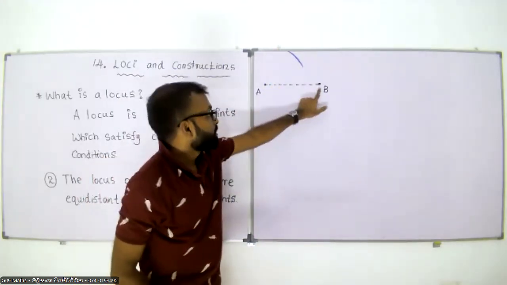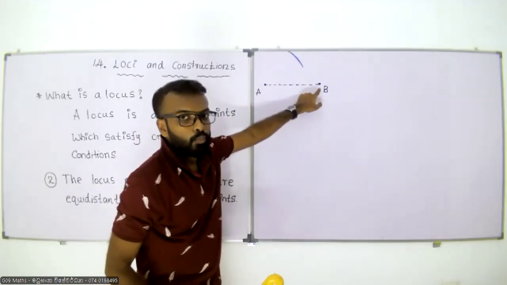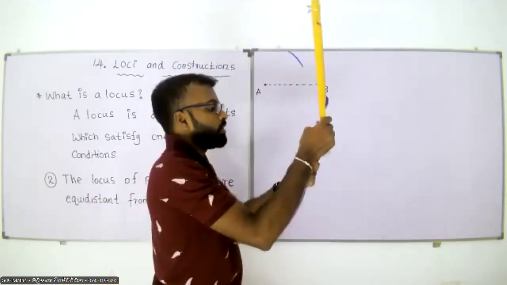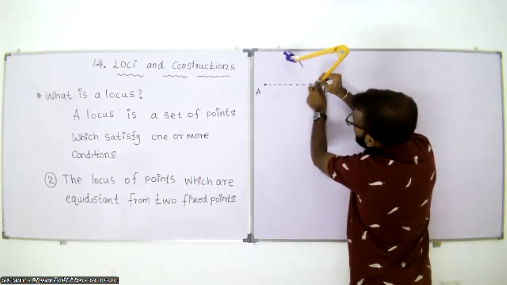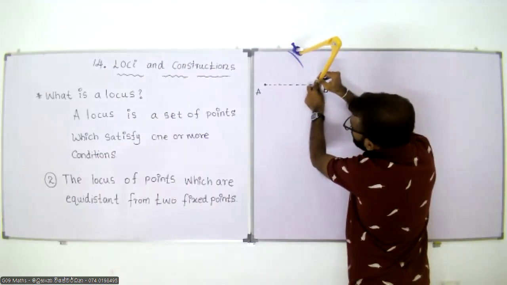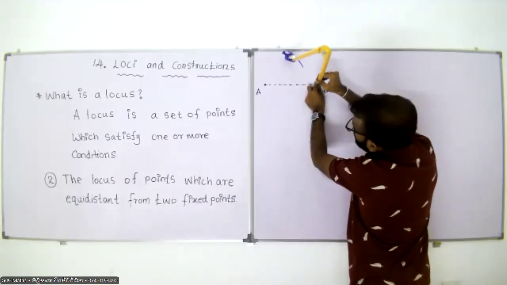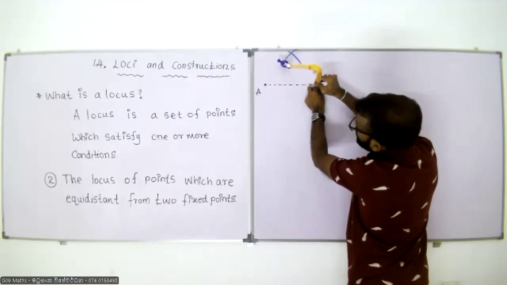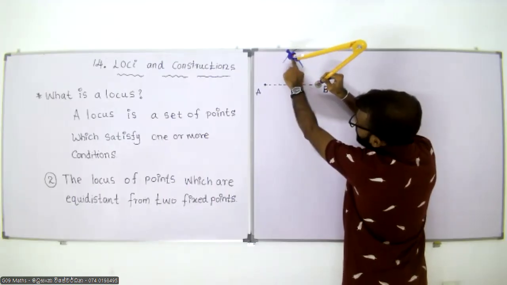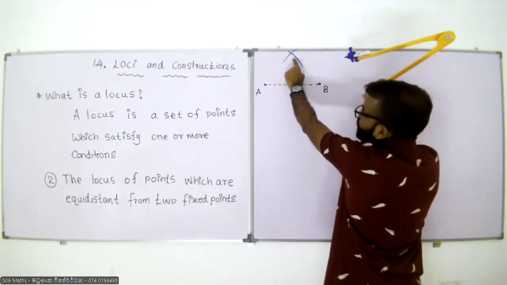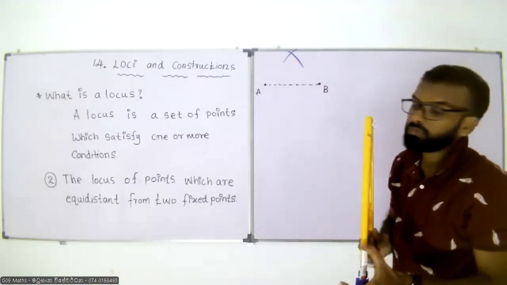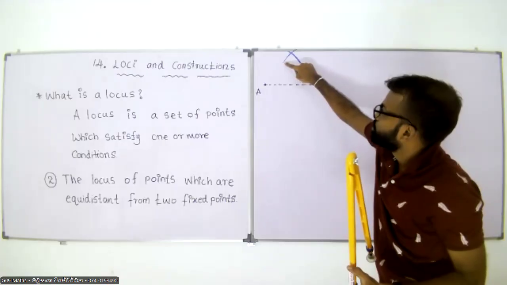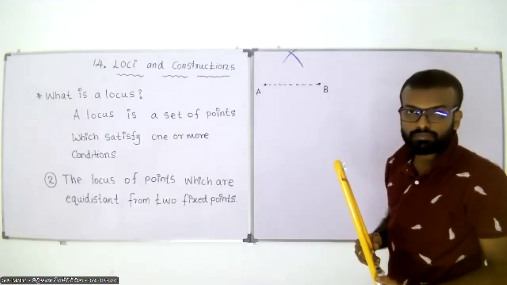And do the same thing by putting the point of the pair of compasses on point B, and draw the same arc here, and those two arcs should cross each other.